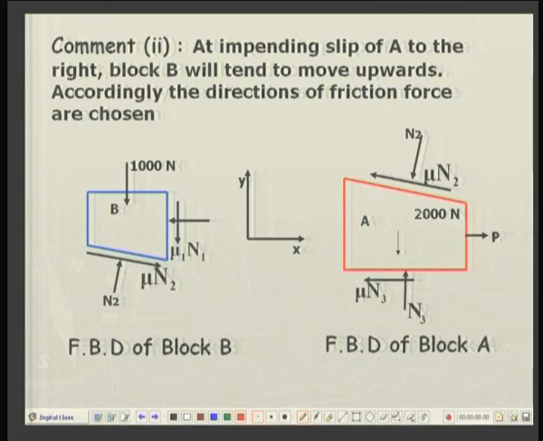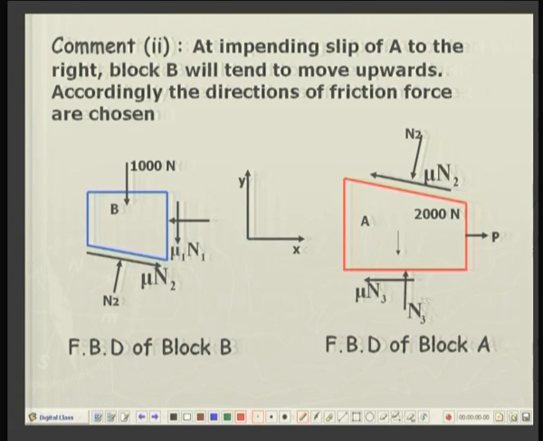So, you can imagine that if the normal reaction between block A and block B is N2, both being equal and opposite, the forces of friction will be mu N2 and mu N2 over here. Of course, the weights of the blocks, 1000 Newton and 2000 Newton, are given. Then I will look at the bottom surface of block A: because this block is moving towards the right, the force of friction will be towards the left.